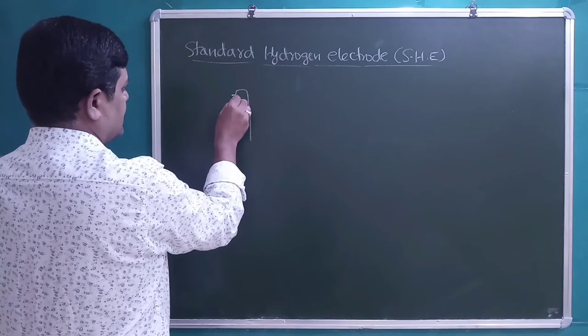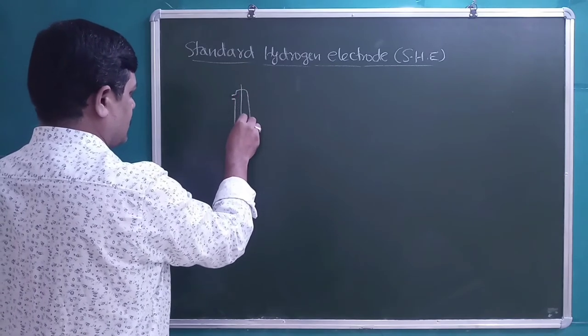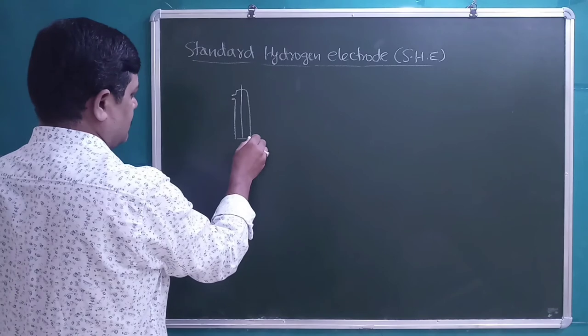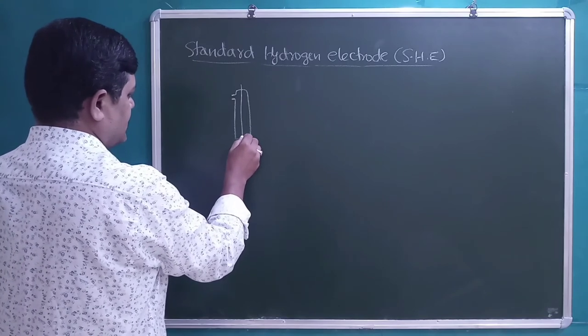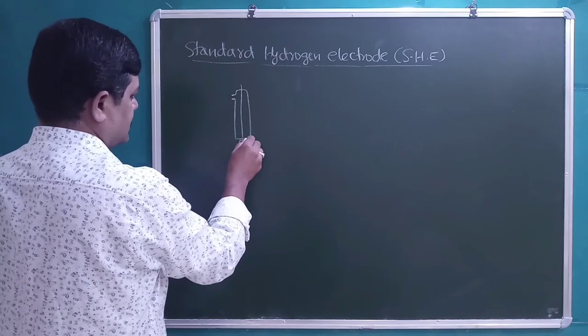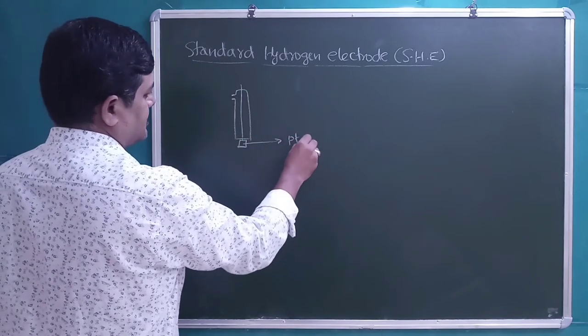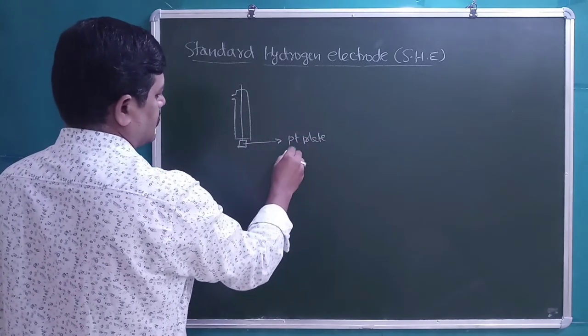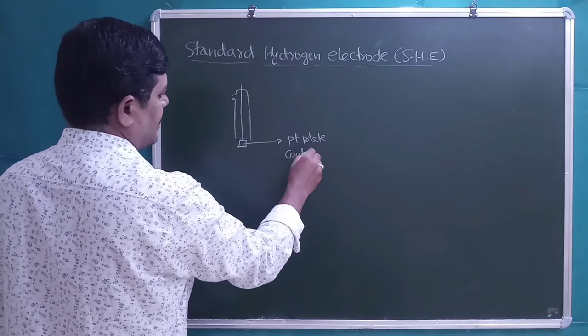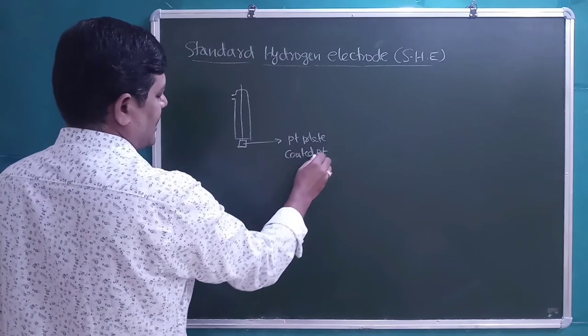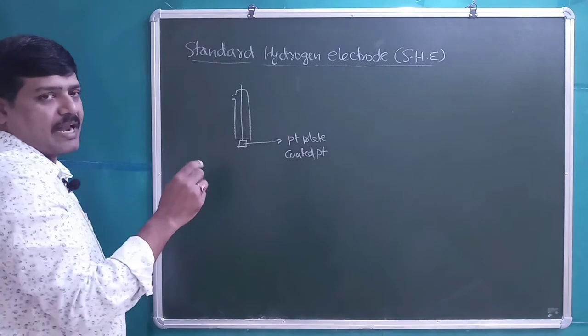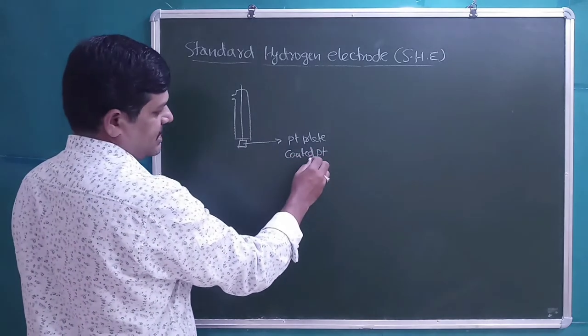Platinum wire is sealed in the glass tube, which is connected with the platinum plate, Pt plate, and the platinum plate is coated with platinum black. Finely divided platinum is called platinum black.